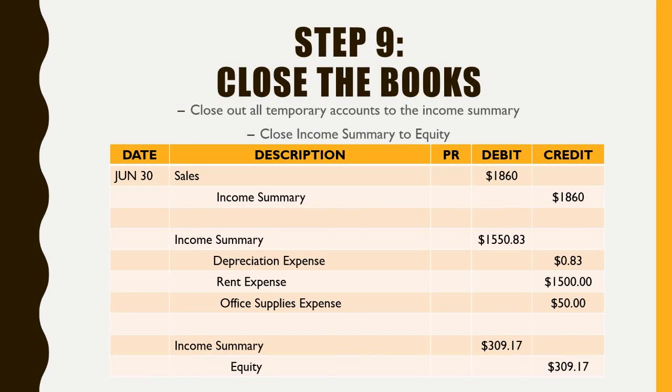All of our expenses are also going to be zeroed out into the income summary. Then once you get that number, the income summary is going to zero out into your equity. And notice this, your income summary should match the same number that you got in your profit and loss. So there are a lot of points of reference that you can see.